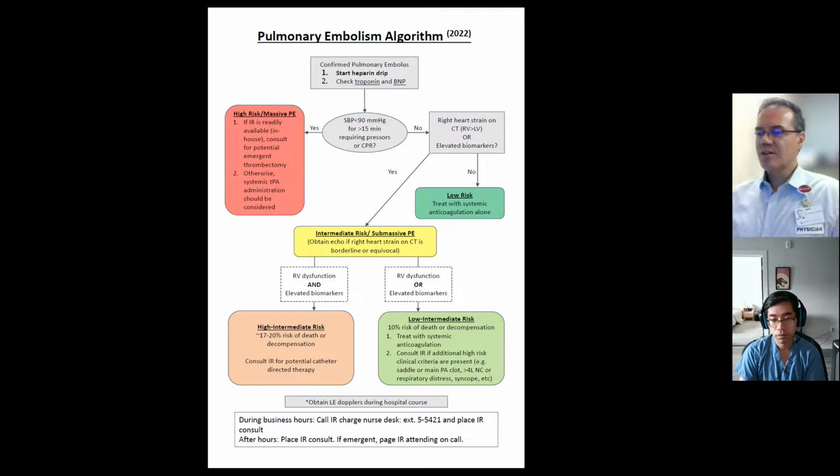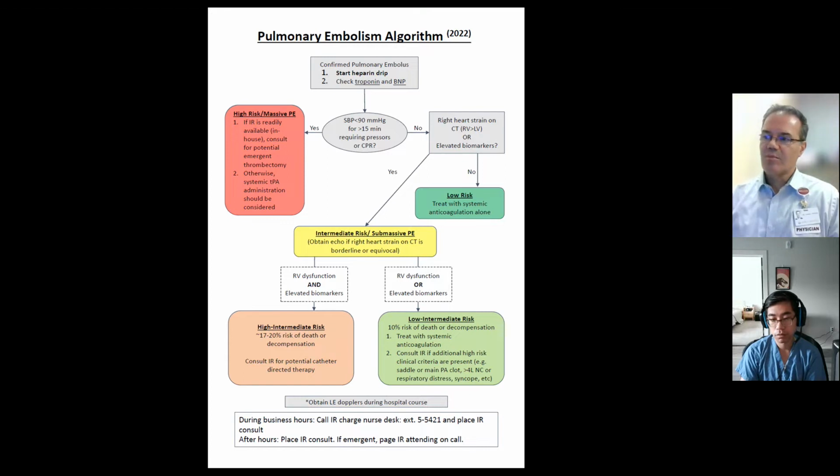Absolutely. And I think one of the take-home points is both arms of this, whether it's high intermediate or low intermediate, go ahead and call interventional radiology to discuss the case. Depending on their availability, time of day, and the specifics of the patient themselves, that will help you collaborate with interventional radiology to decide if this is indeed a candidate, if it's something that should go immediately, or if it can wait a little bit.